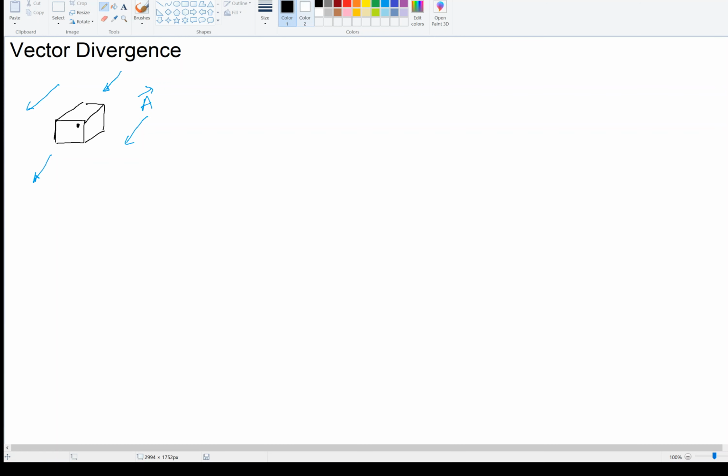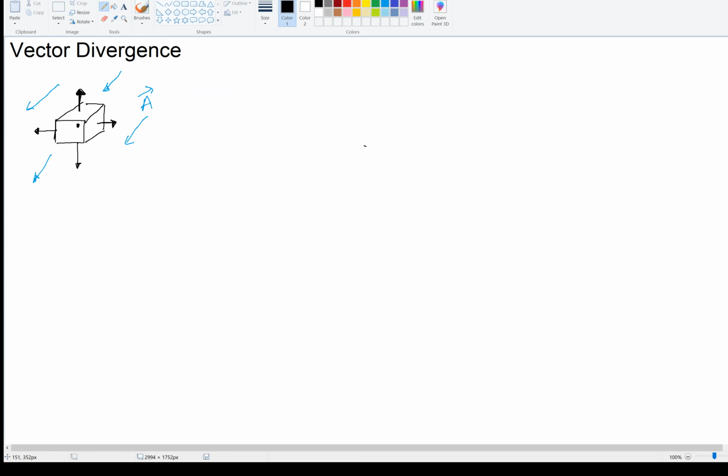Now, one thing maybe we didn't say before, but we're going to say it now. When you have a volume like this, the direction of each surface is normal to the surface, and it is chosen so that the direction is outward of the volume. So the front face would be facing towards you, the back face would be facing away from you, and the left face is facing to the left.